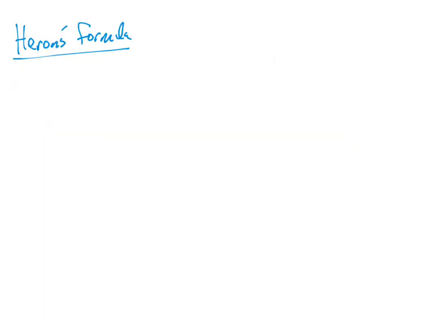All right, and then the other type of triangle that we can find the area of is a side-side-side triangle. So when we have all three sides, we can find the area using what's called Heron's formula.